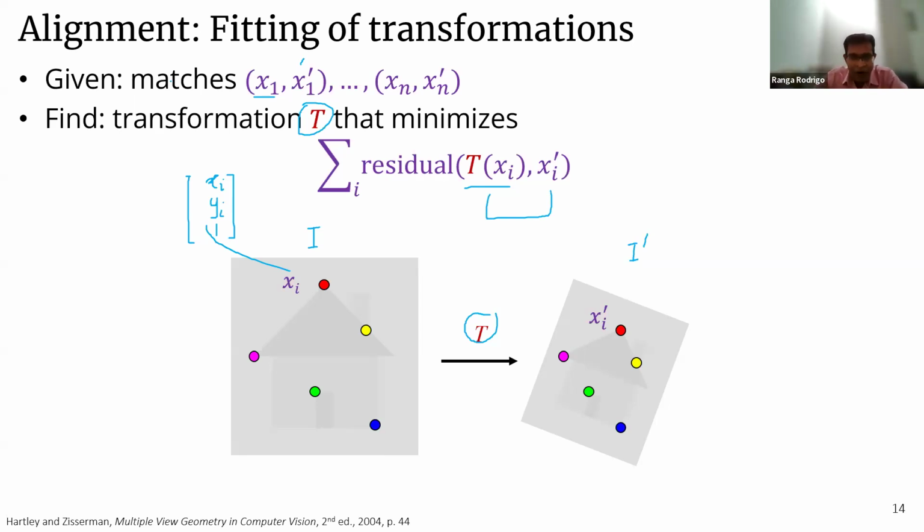And we do that for all the n points, which is the summation of the residual across i. I hope that the problem setting is clear to you. If there's any question, as usual, please do not hesitate to type a question in the chat box or turn on the mic and ask.